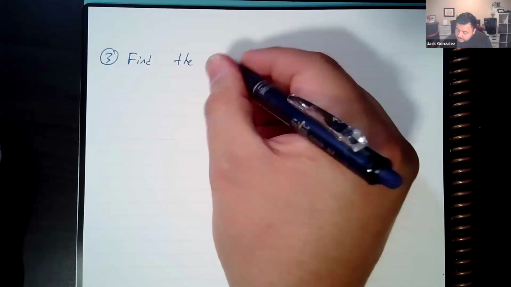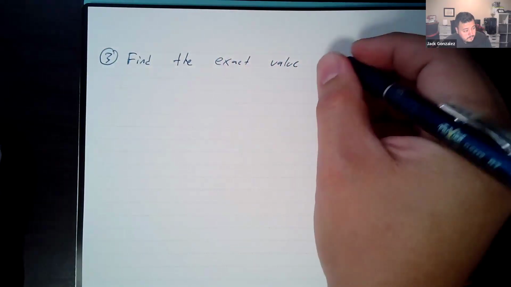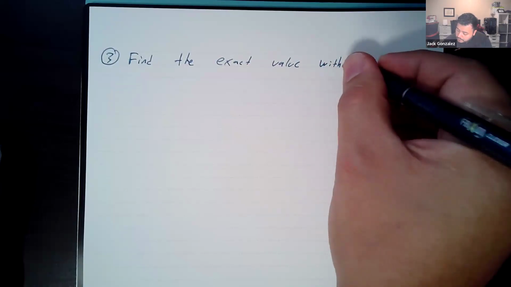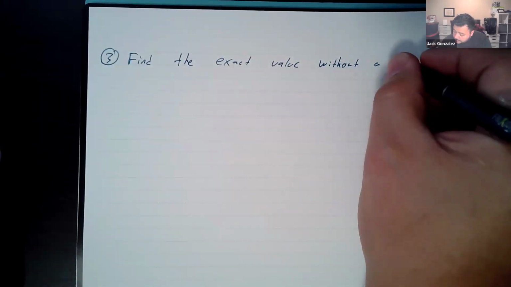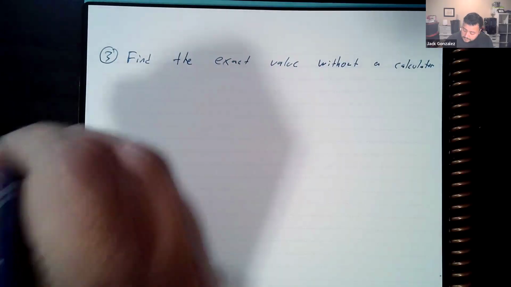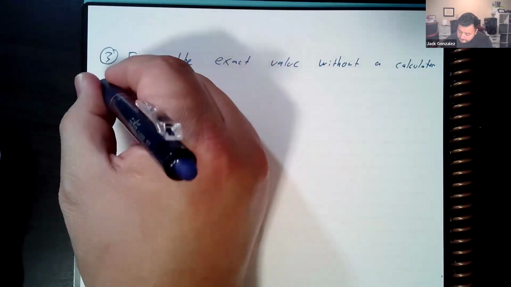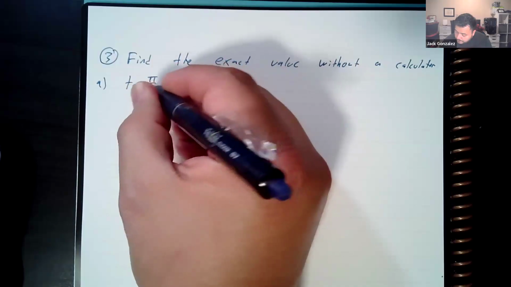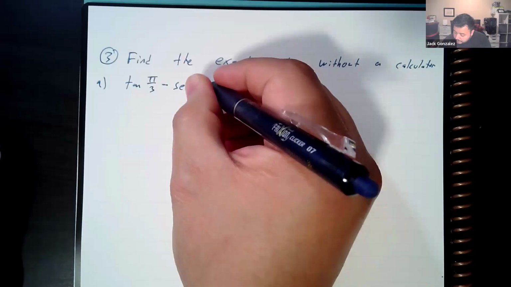So find the exact value without a calculator. In other words, use your circle or know how to find them. Part A is tangent of pi thirds minus secant of pi fourths.